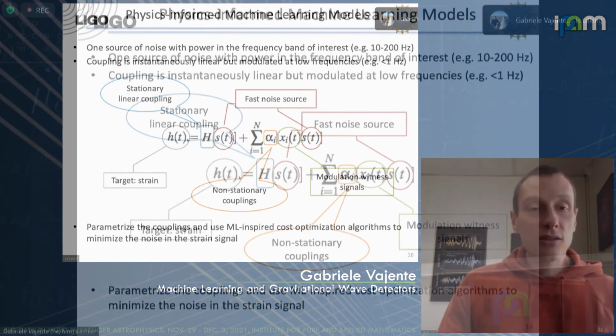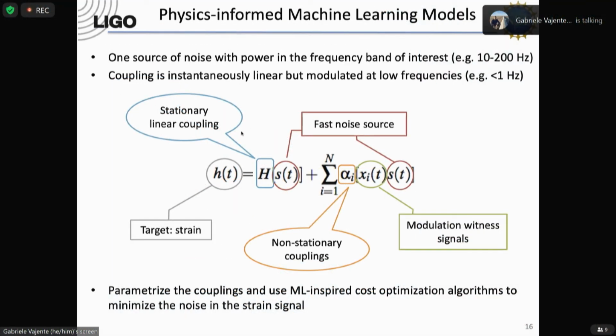We assume that we have signals that witness our fast noise, so stuff between 10 and 200 Hertz, thinking, for example, of the 60 Hertz, a monitor of the power supply that will see the 60 Hertz. And then we have other signals that can witness the modulation.